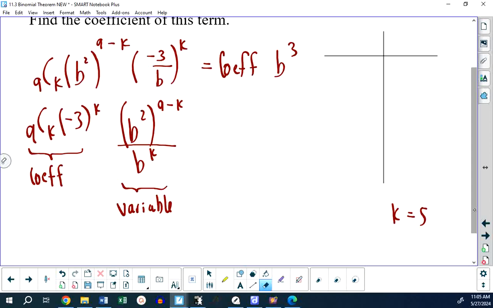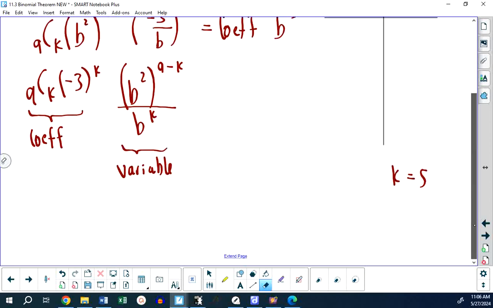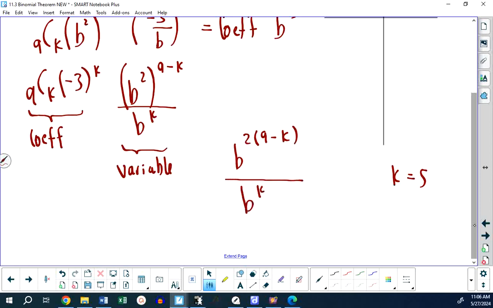You can just say that's the term we're after, and then end up saying that b to the 2 times 9 minus k over b to the k, I'm just using a power of a power here, has to equal b cubed. Right? It has to equal b cubed, because that's the term we're after.